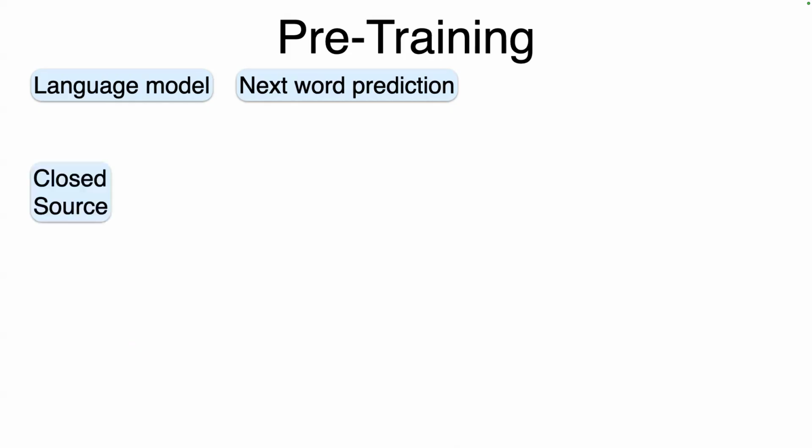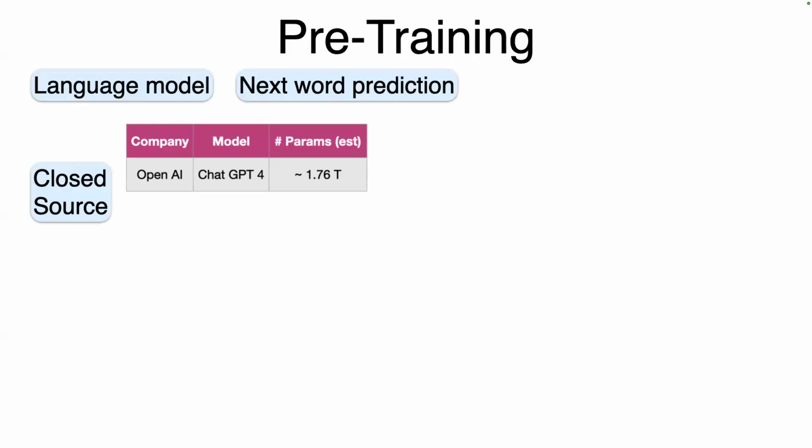So pre-training: you have a language model, which typically is a model for next word, it just predicts the next words given the past, and you have many such models that have been pre-trained. Maybe we don't need to go over all of them, but they have many parameters, like trillions of parameters.